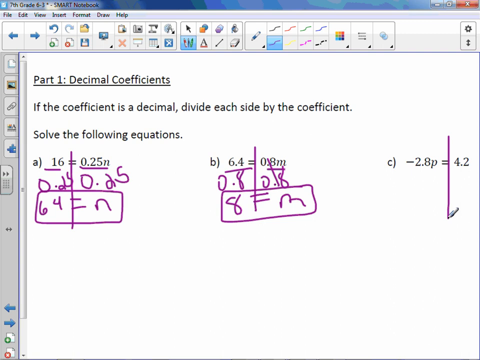Letter C, negative 2.8p equals 4.2. Divide both sides by negative 2.8. And you get p equals negative 1.5.